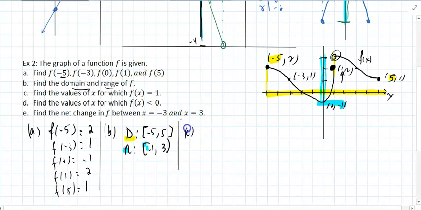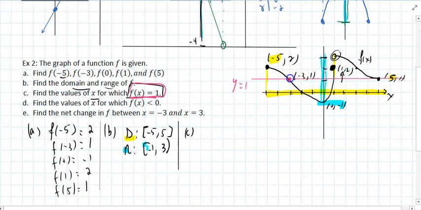C. Find the values of x when, remember, f of x is y equals 1. If I take y equals 1, and I put a line at y equals 1. There it is. That's the line y equals 1.